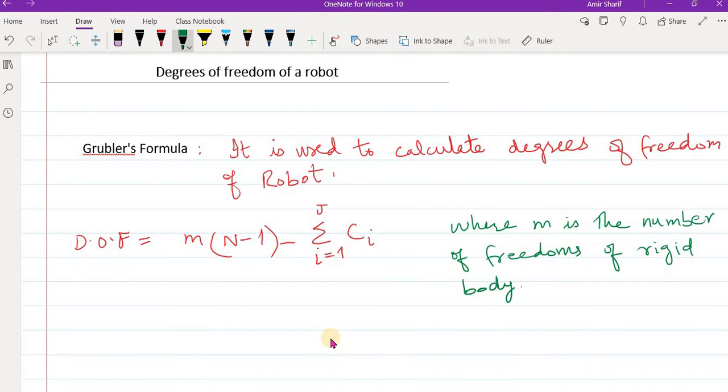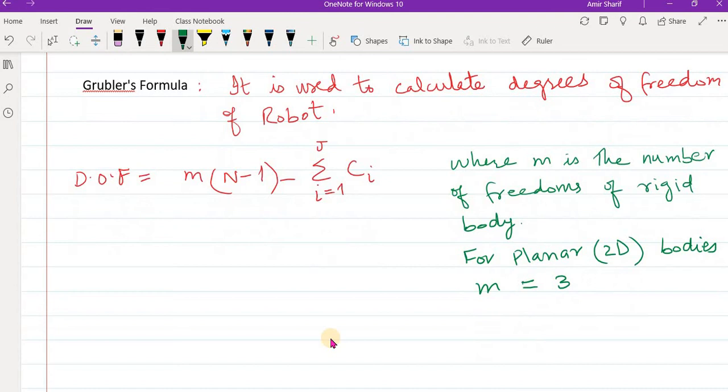And keep in mind that for planar, or you can say 2D, bodies, the value of m will always be equal to 3.